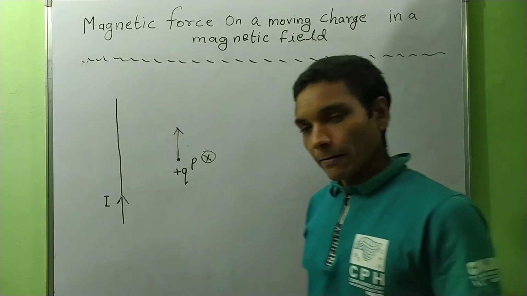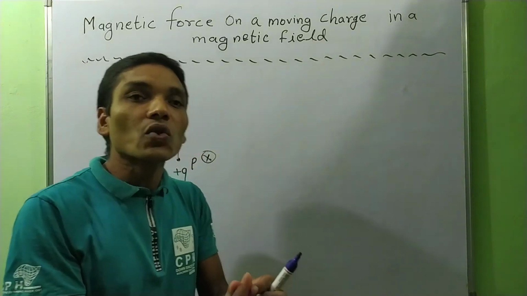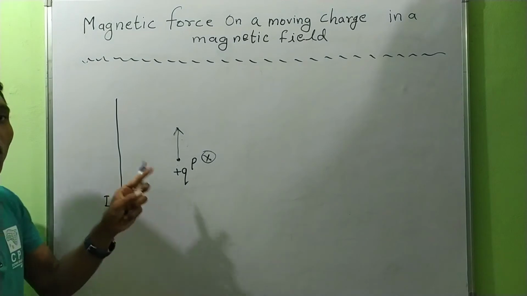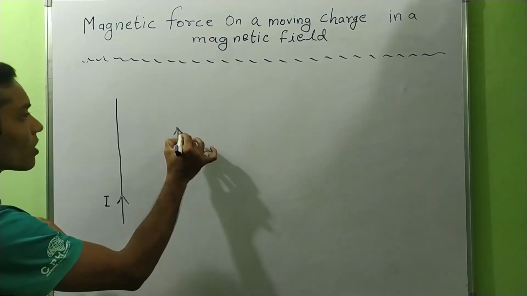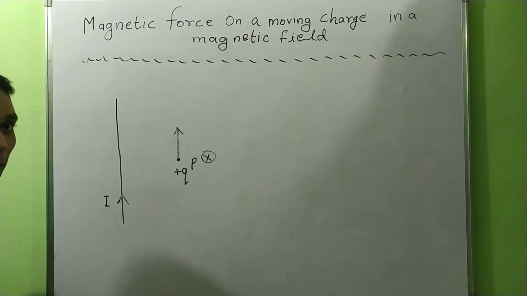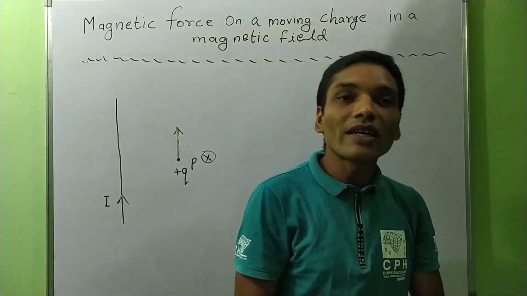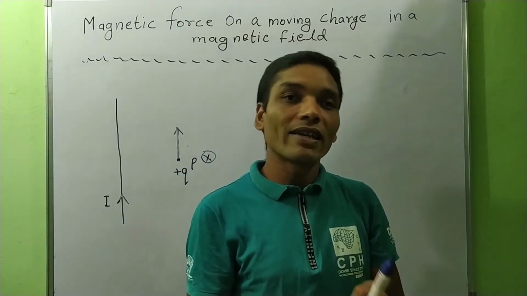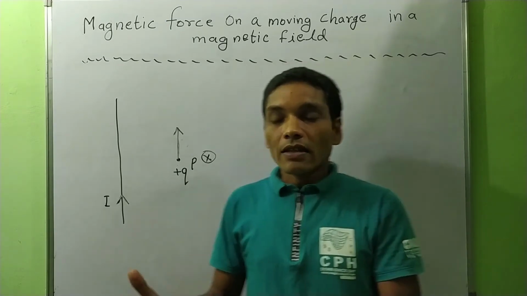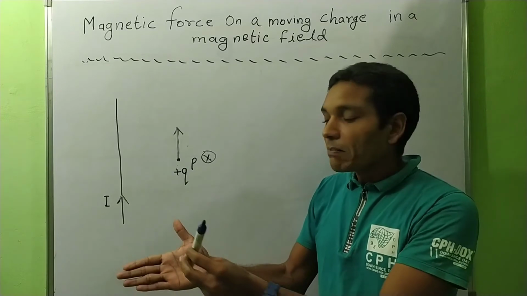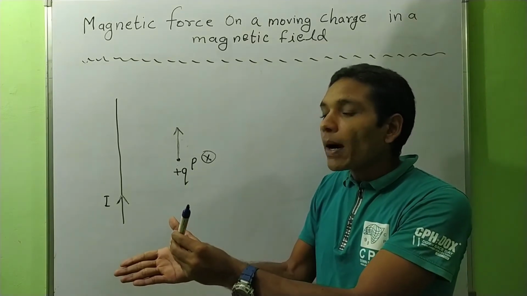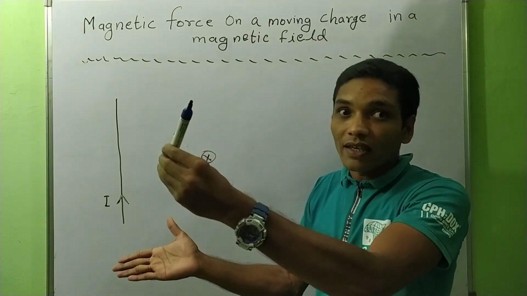In this condition, if the thumb shows the direction of motion of the charged particle, and the fingers show the direction of magnetic field, then the direction of magnetic force will be perpendicular to the palm, outward.